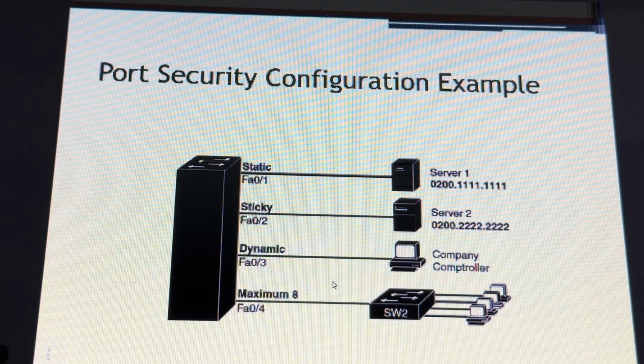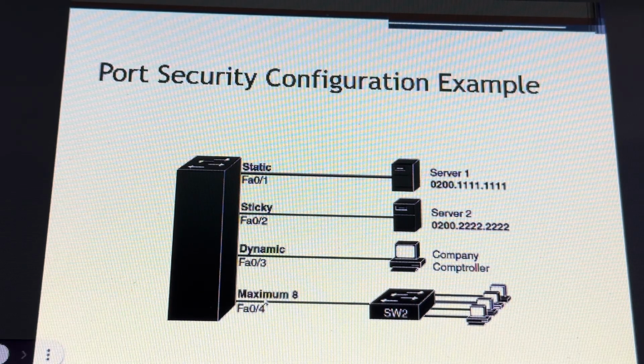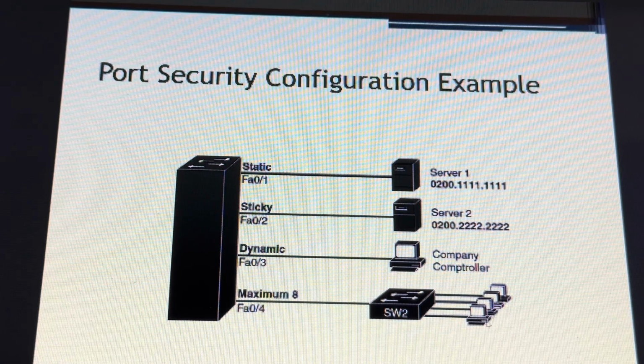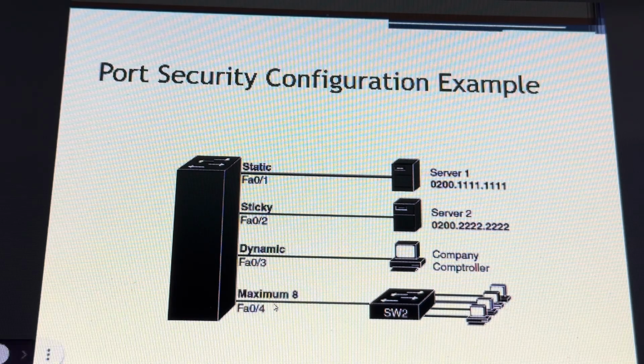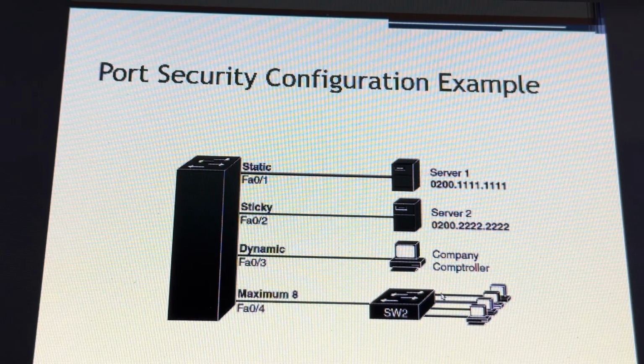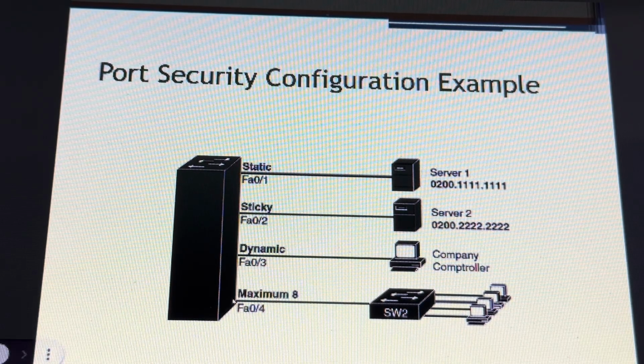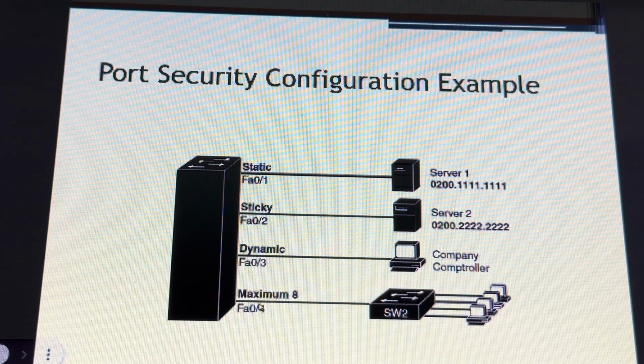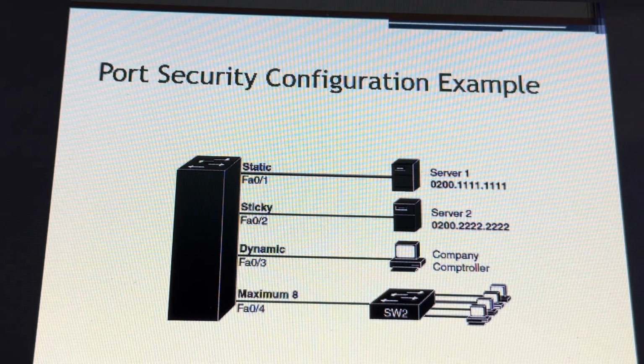And then we have another switch connected into the switch, so we need to have a maximum of more than one. Say there's 4 devices over here. We put a maximum of 8. That gives us the ability to have 8 MAC addresses associated with this one port. Once 8 MAC addresses are learned or we've statically assigned them, no more devices will be able to connect.